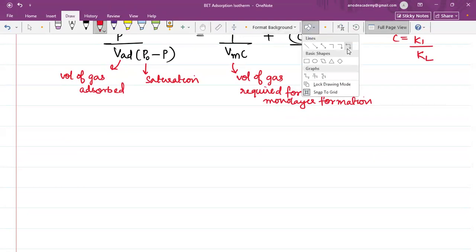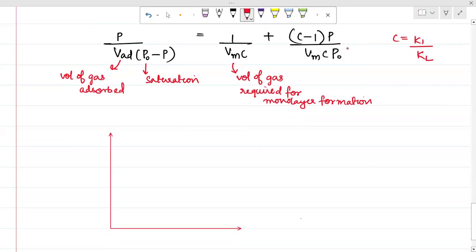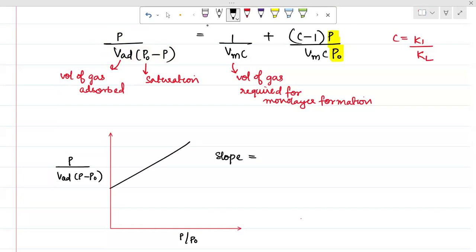So if we have to plot a graph between P by V absorbed (P minus P naught) versus P by P naught, you can see that this is along X, this is along Y. So this is of the form y = mx + c, where it is a straight line whose slope is (c minus 1) by (c Vm) and whose intercept is 1 by cVm. You will have to learn it.